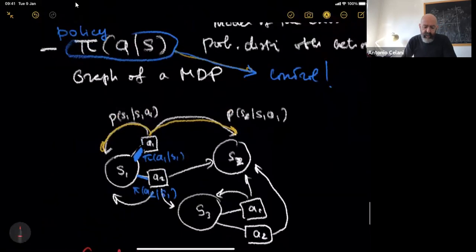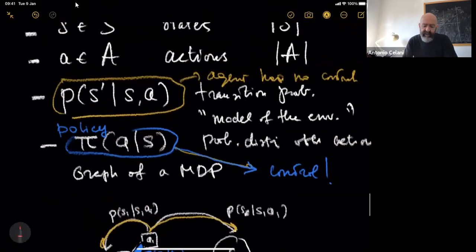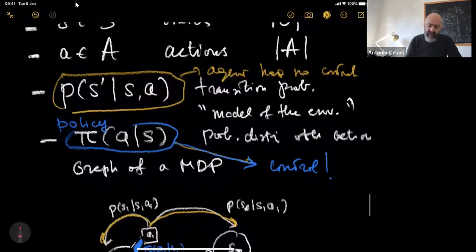And in order to define the goal, we have to add something here to this description. We have to add some other ingredient in the form of something which is known as reward. Okay, we have to introduce rewards. So what are rewards?